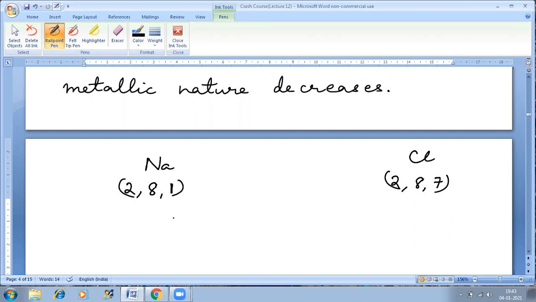And any element lying on the left hand side of the periodic table will have fewer valence electrons and so it will be metallic. So towards the left we have metals because they have fewer valence electrons, and towards the right hand side we have non-metals because they have more valence electrons. So with the help of sodium and chlorine we can understand all these differences.